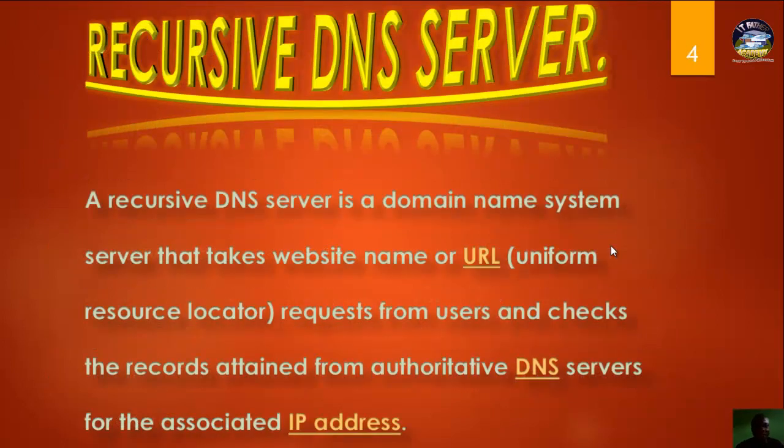So, a recursive DNS server. A recursive DNS server is a domain name system server that takes website name or URL, that's uniform resource locator, requests from users and checks the records obtained from authoritative DNS servers for the associated IP address. So this one is clear for you.